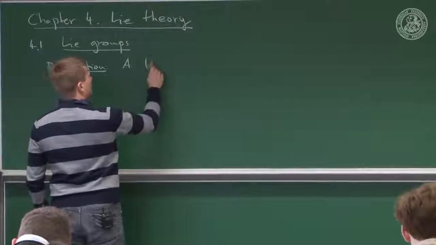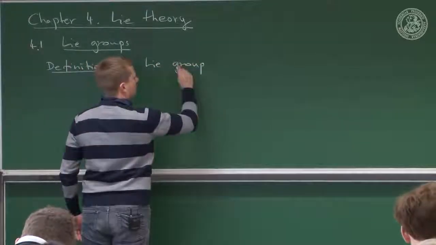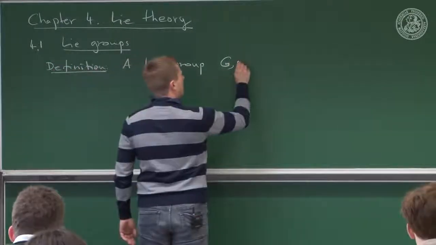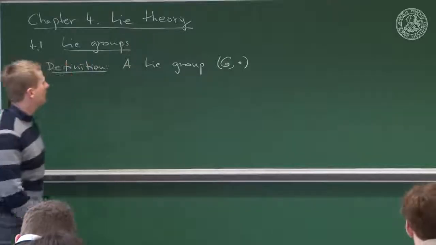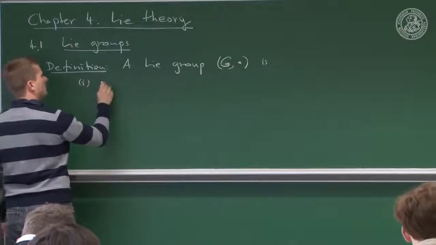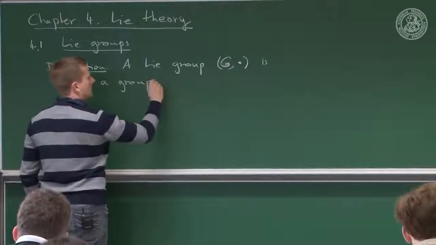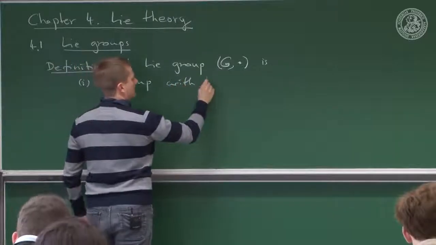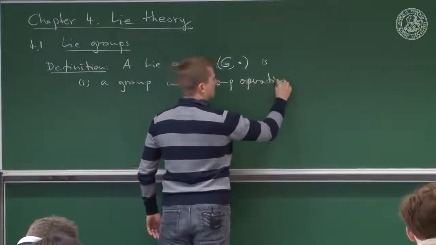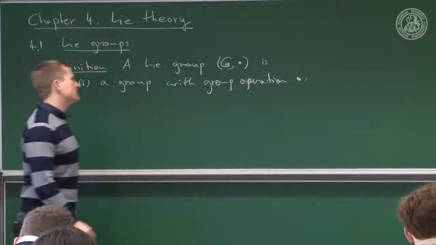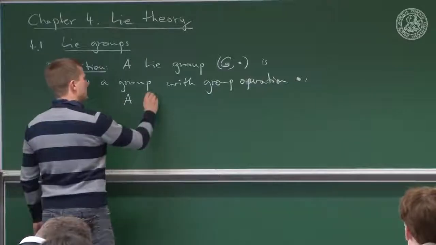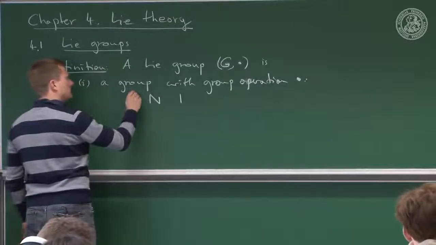A Lie group consisting of a set G and a group operation blob. A Lie group is, first of all, a group, with the group operation blob. And that means that the group operation blob satisfies the properties A and I. So blob is associative.